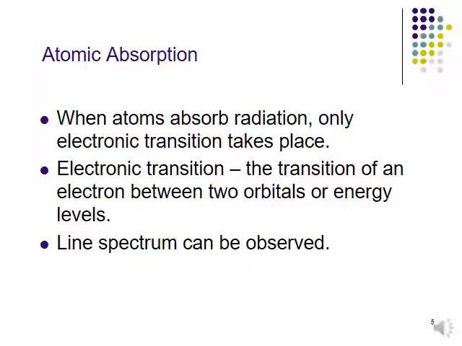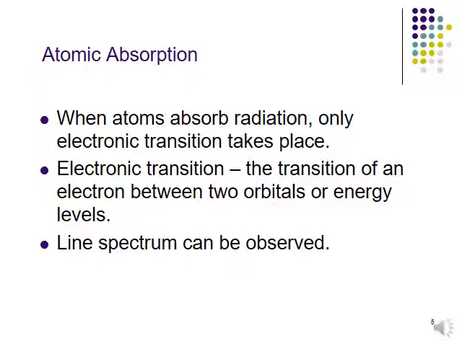So what is an electronic transition? This is the transition of an electron between two orbitals or energy levels. I believe that most of you already know and understand that the transfer of an electron from low energy to higher energy requires an absorption of energy.